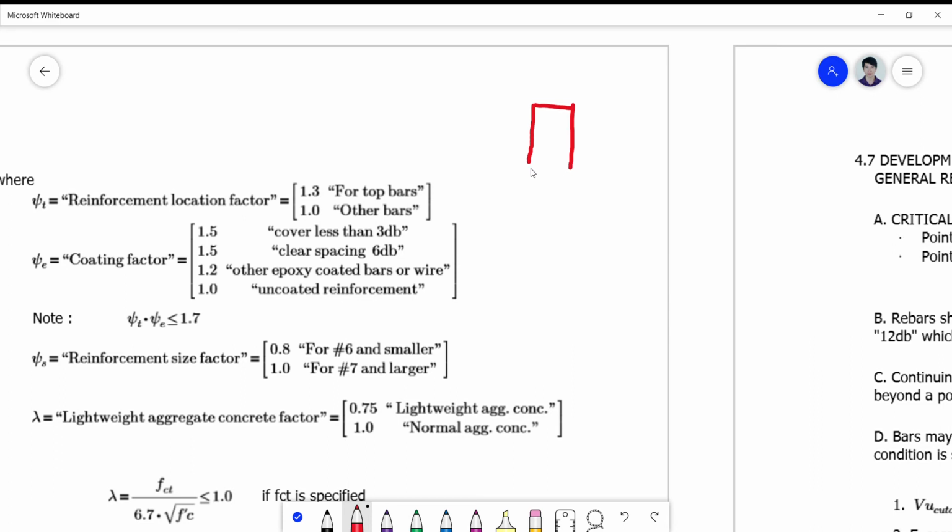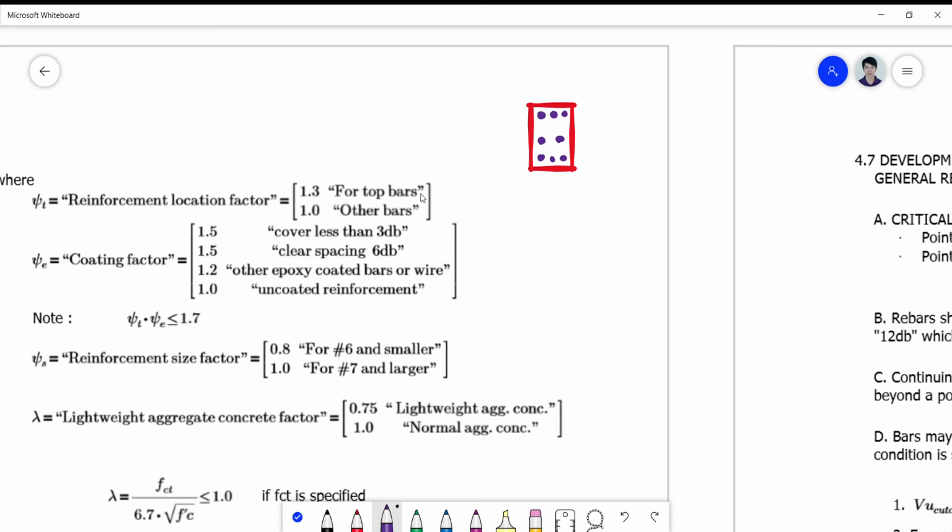If you have a beam, say a rectangular beam here, if we have bars at the top, somewhere at the middle, and somewhere at the bottom, we have to make a distinction whether the location of such reinforcement is considered on the top locations, or top bar, or other bars.